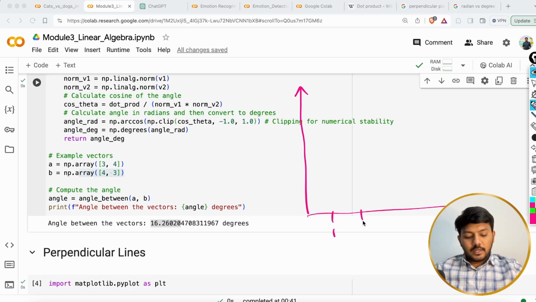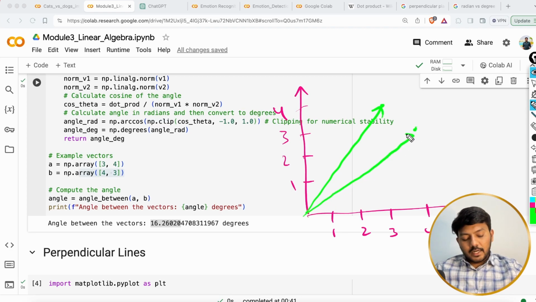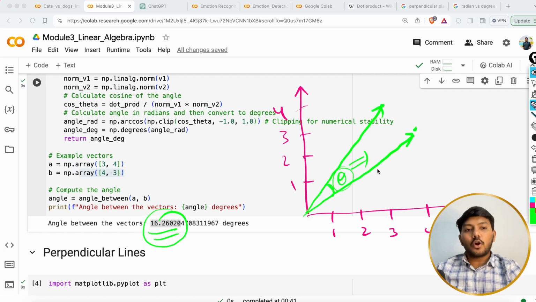So I have 1, 2, 3 and 4 on each axis. What is the first point? 3, 4. So this is the first point, and another point is 4, 3, which is the second point. If you see, this is theta, which is approximately 16 degrees, right? So we calculated theta by using a dot product.